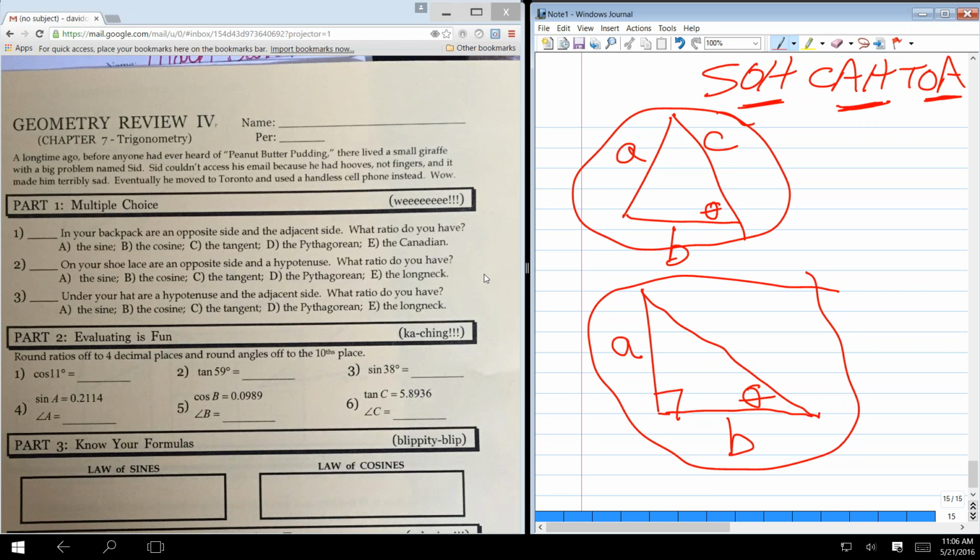Number 2. Would that be sine? Yep, because you have an opposite and a hypotenuse. And number 3.